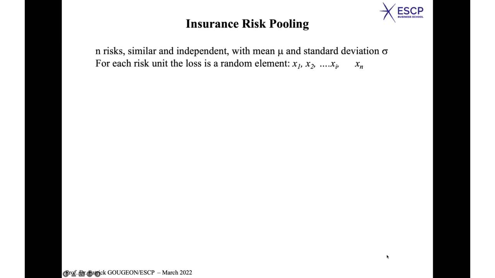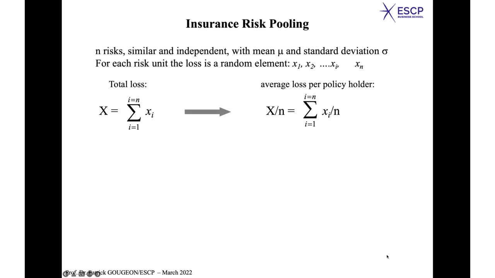And x1, for instance, would be the loss incurred for entity number 1, and x2, xi, up to xn, because we have n individual risks in the population. Okay? So having said that, the total loss, capital X, is the sum of all the xi from i equal 1 to n. Okay?